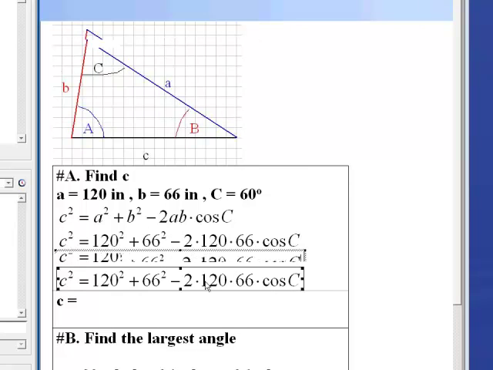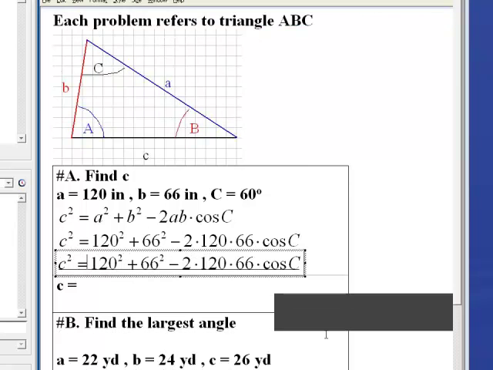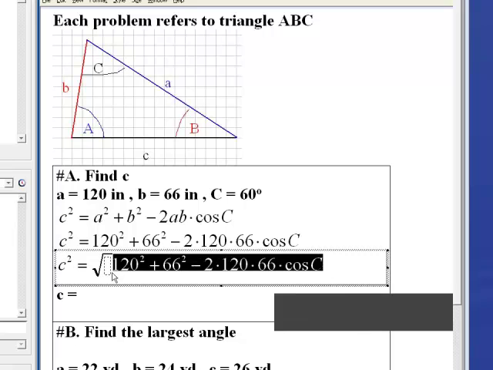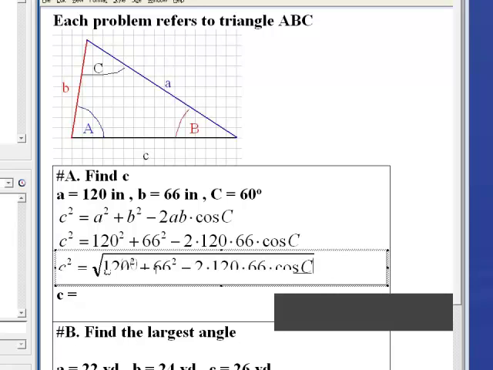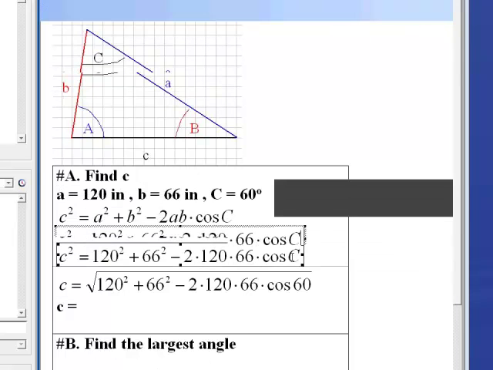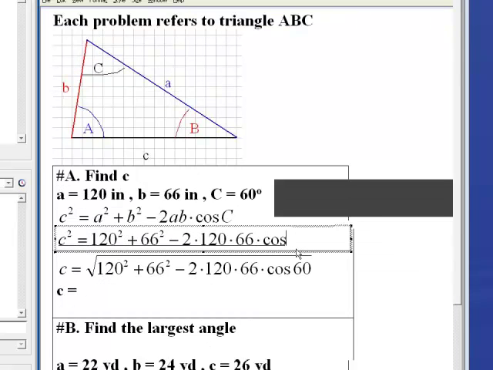So here then we're going to have the square root, of course, of everything. Oh, here's my slight mistake. The angle C is already given, 60 degrees. Should plug in right there.